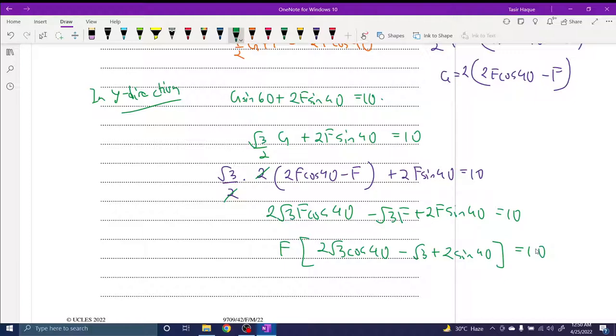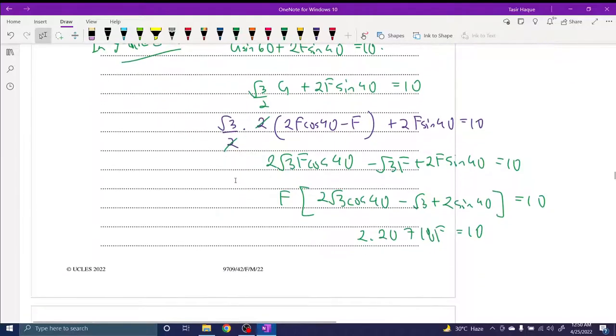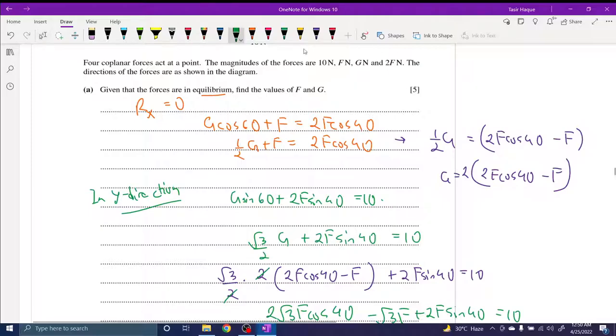Let's solve this. I'm getting something like 2.20718 F is equal to 10. 10 divided by the answer is 4.53. F is equal to 4.53 newtons. Now if you want to find out G, just input this over here.